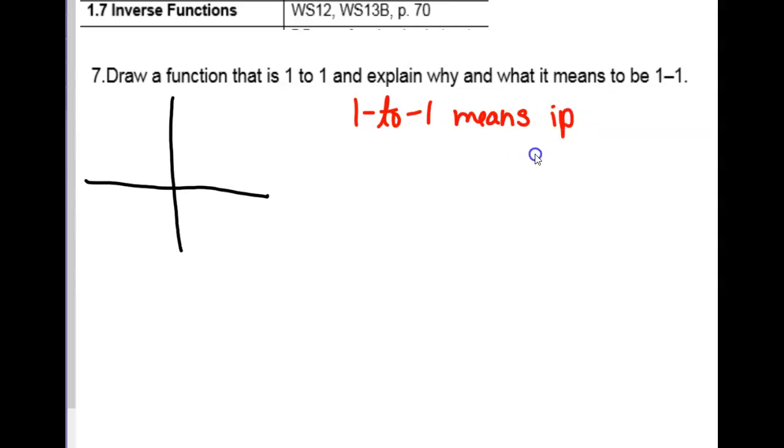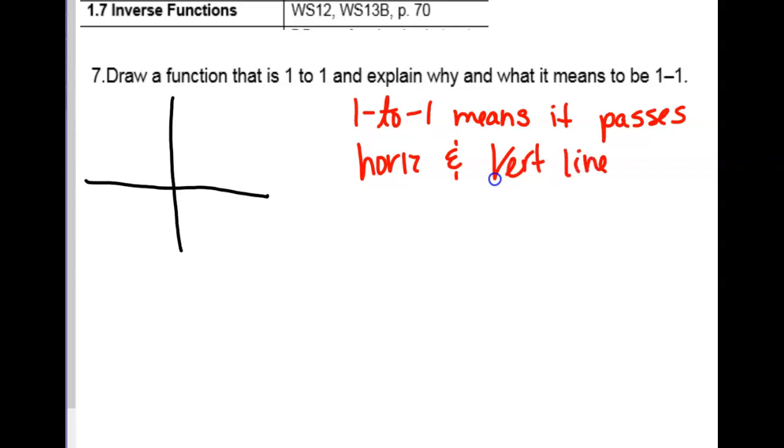Oh, IP, it's a new word. Because why? What is it? Why do we even care? Inverse will be a function.